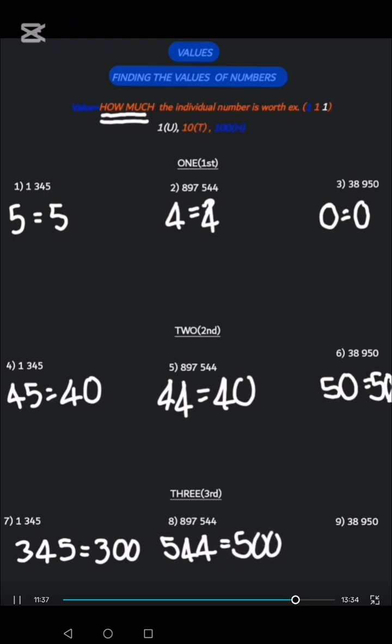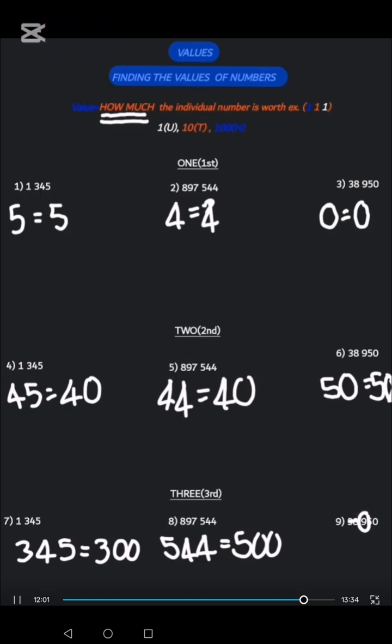Now we move on to our next number, which is 38,950. What we do here, we try to find our third last digit, which is 9. But we scratch out the rest of the other numbers on the left hand side because we are focused on finding the value of this number.